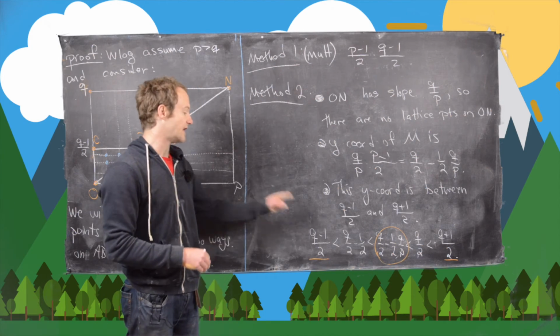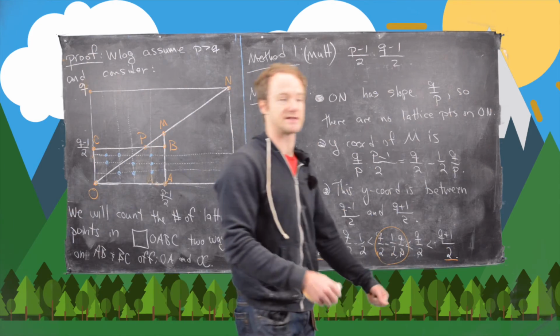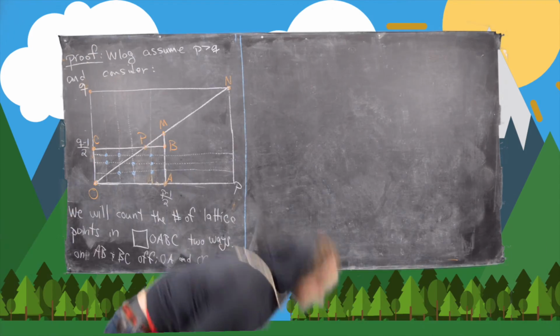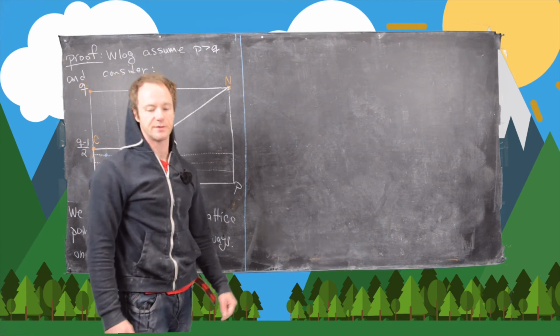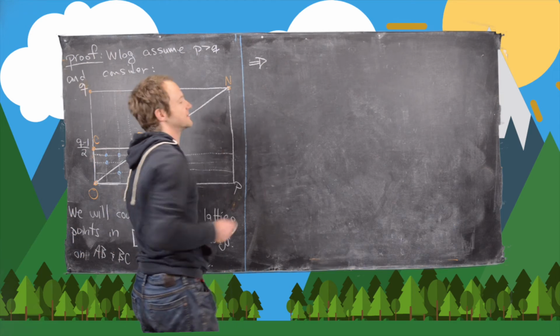Okay, good. So now I'm going to clean up the board, and then we're going to pick up at the next step of the proof of this theorem. Okay, so now we're ready to continue with the proof. So now notice everything that we've done so far implies the following.